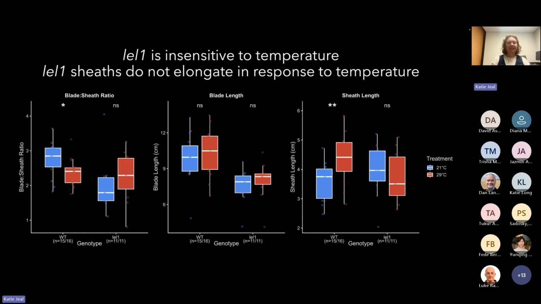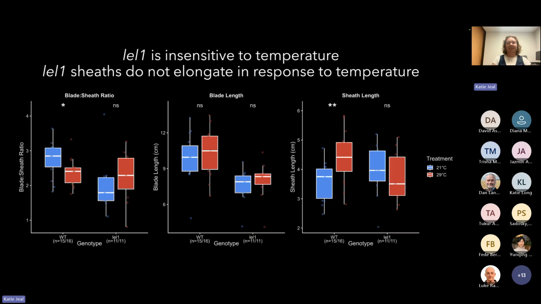And what we see here is that in the wild type, there's no change in blade length in response to temperature, but we do see this consistent sheath length elongation in response to an increase in temperature.